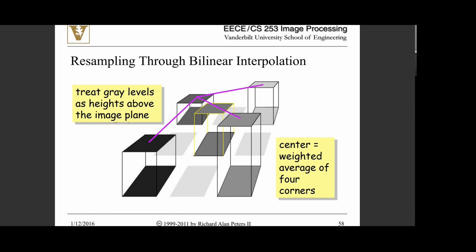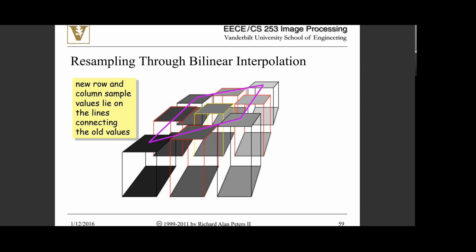If I need this value here, I just evaluate the plane at that location, and the same for all the others. So I fit a plane, and then I can get this value, but also all the other zero values that I was missing. There is only one plane that goes through all these 4 pixels.